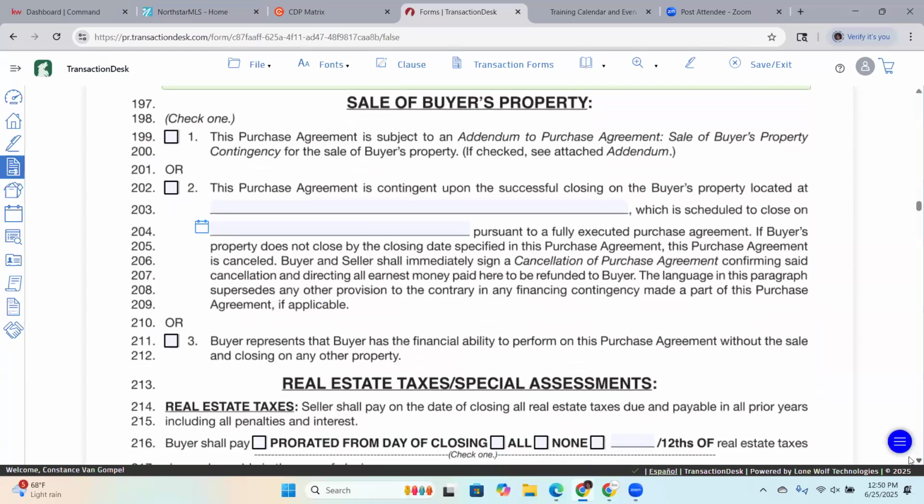The sale of buyer's property. Lines 199 to 200, the buyer. Okay, I always go down to the bottom.